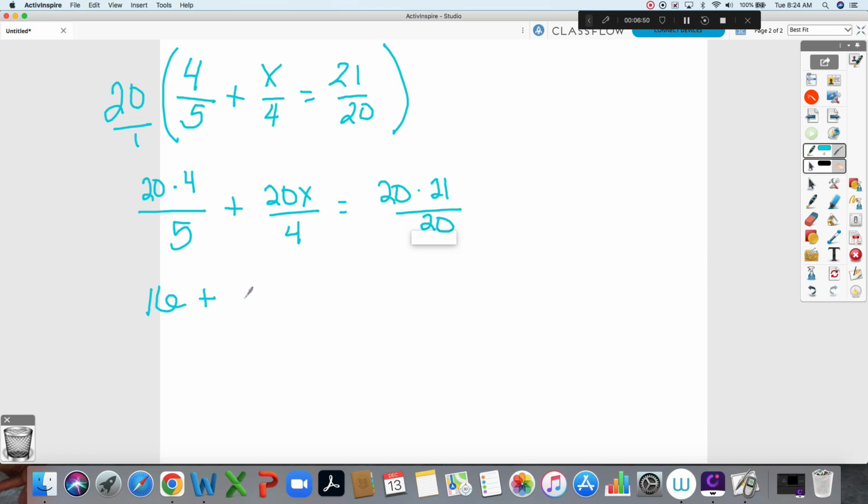It's a number you should know. Not 2. It is 5. 20 divided by 4 is 5, so that becomes a nice even 5x.